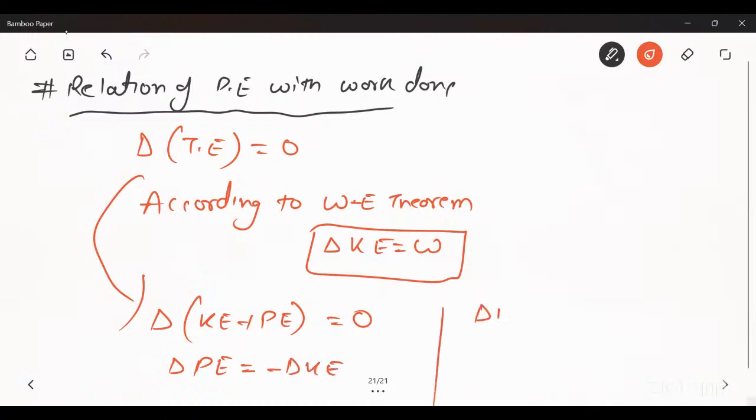So delta PE is equal to minus of work done. The change in potential energy is always the negative of work done by a body, or you can simply say that U is the negative of the work done.